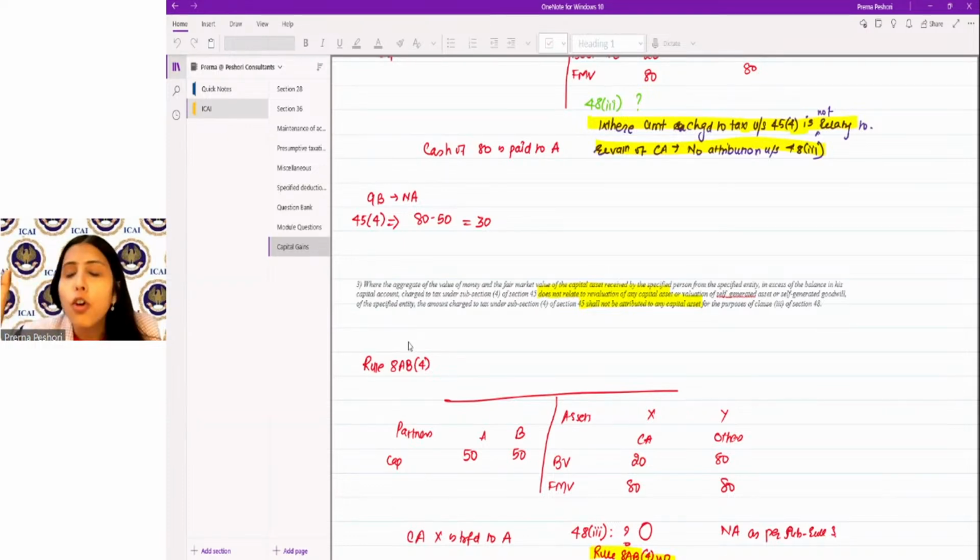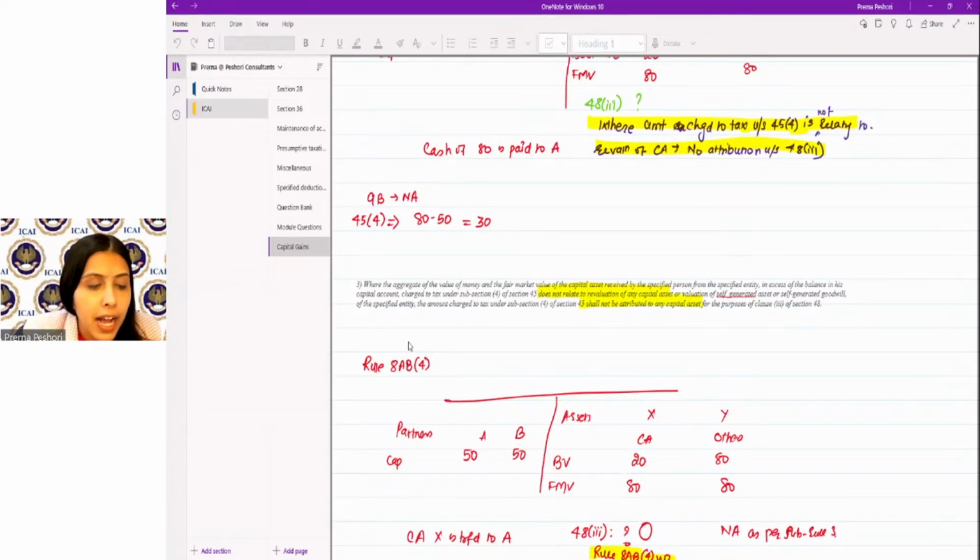And now 48(3) provides that when this asset is transferred, there is a preponement of liability because the firm has not realized the gain on the revaluation. The firm will realize the gain when it sells the asset. But the taxability is happening when the partner realizes the amount on account of that revaluation. So to that extent, there is a preponement of liability in the hands of the firm.